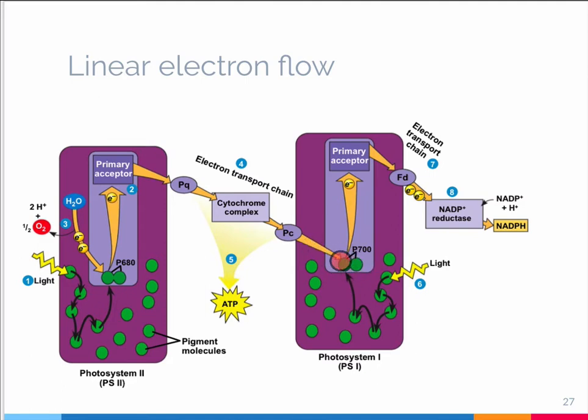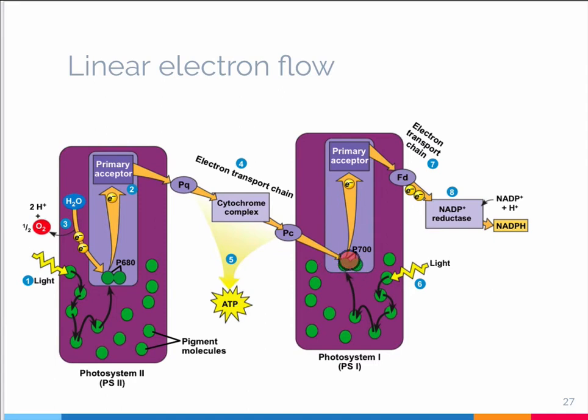By the time the electrons get there, they're pretty low in energy, but we are in a new photosystem, and so light can strike photosystem 1 just like it struck photosystem 2. The energy from light can bounce from chlorophyll to chlorophyll to chlorophyll until finally that energy reaches the P700.